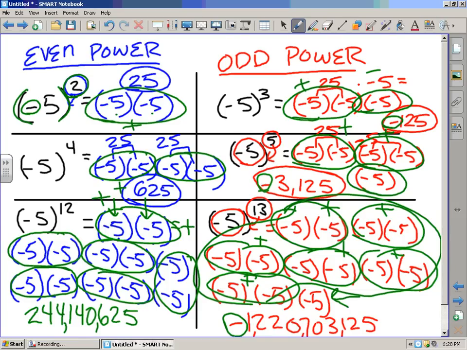Over here on the right side, if you have a negative on the inside of the parentheses and you have an odd power, you're always going to result with a negative number every single time. So even power, positive result. Odd power, negative result.